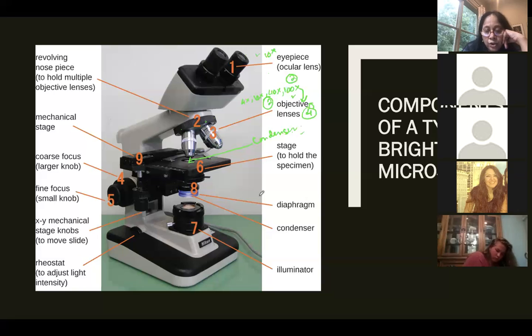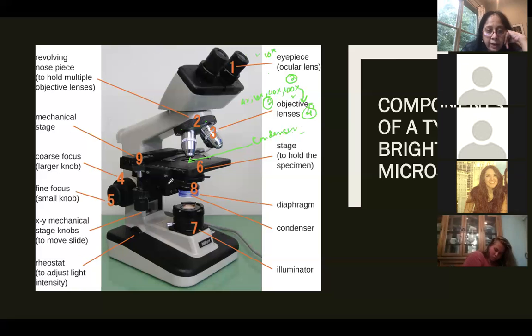You can adjust that knob to increase or decrease the amount of light that can go through the objective lens. We have a light switch over here, and another knob to increase or decrease the amount of light.